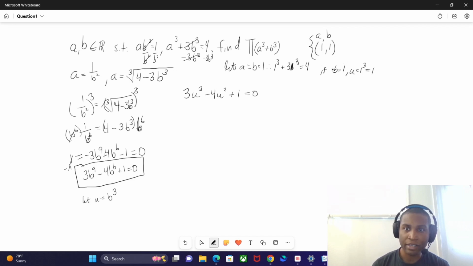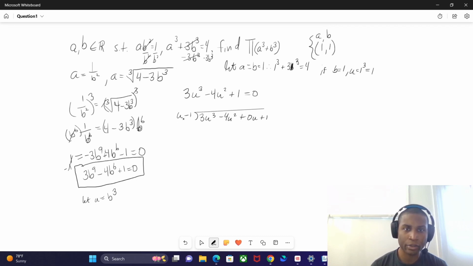And so if b equals 1 is a root of the degree 9 polynomial, then u equals 1 is definitely a root of this cubic. So let's go ahead and do our polynomial long division. That u minus 1 is our divisor, and our dividend is 3u cubed minus 4u squared plus, I'm going to input a little 0u as a placeholder, plus 1.